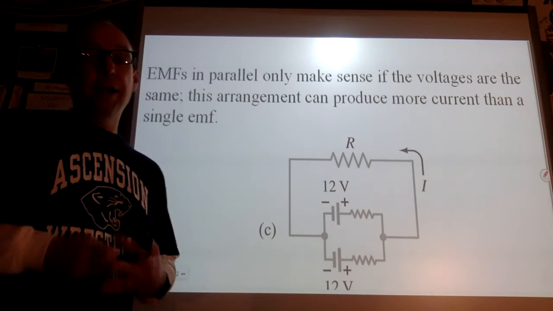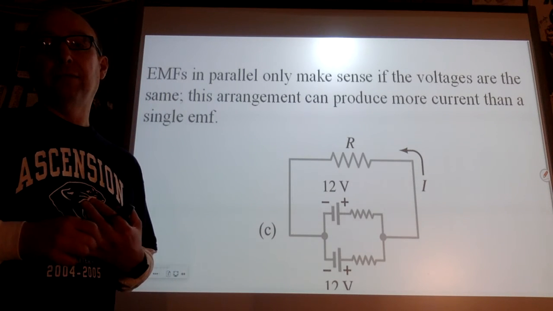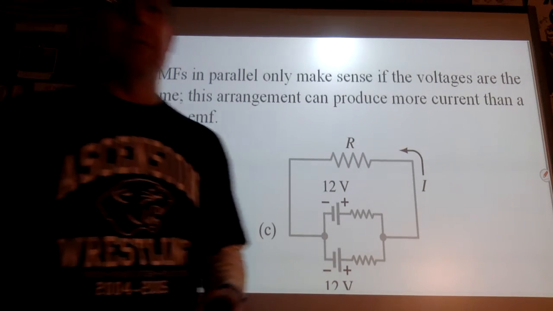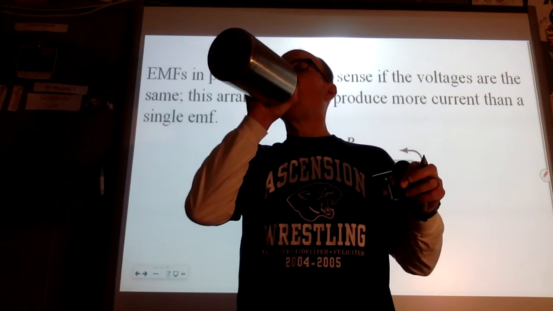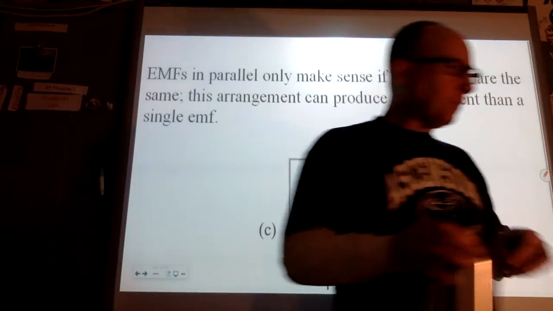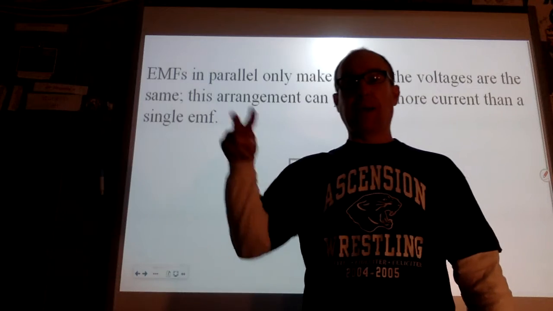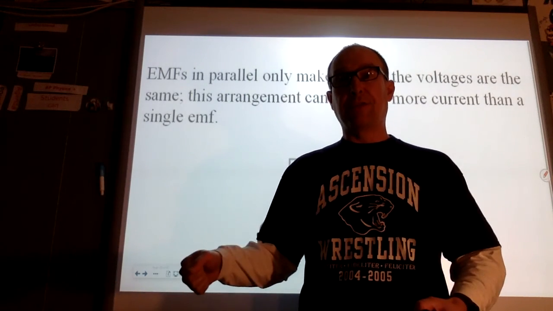Putting batteries in parallel does not add to the potential, but you can get more current out of it. So sometimes you'll see this. When I was around your age, I worked at a marina, and we stored boats on shelves, and we had forklifts that actually picked the boats up, and you put them up to be 4 high, and they would have car batteries to start the forklifts.